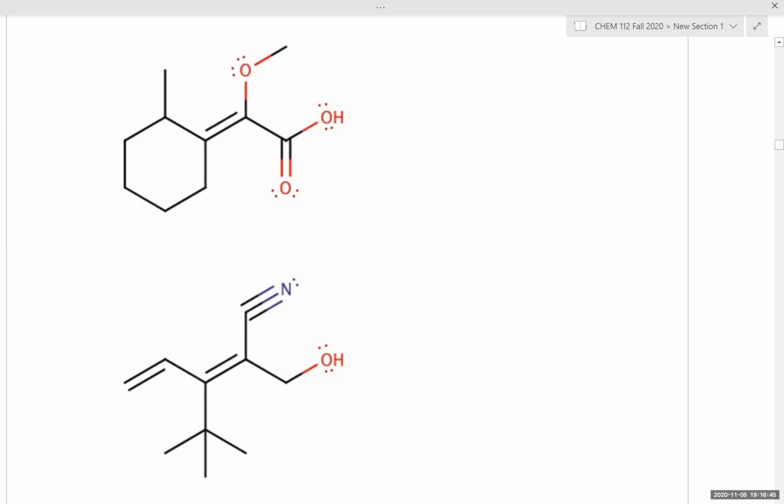And don't be shy to share your proposed responses in the chat, and we'll discuss in about 2 to 3 minutes. We're not trying to name these compounds, we're just looking at whether the alkene is E or Z.